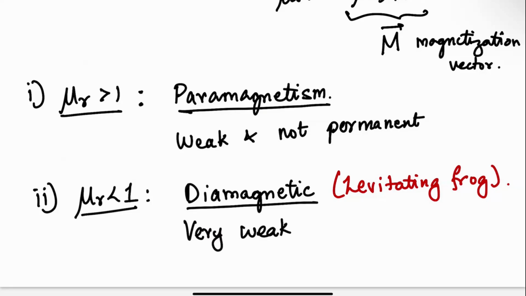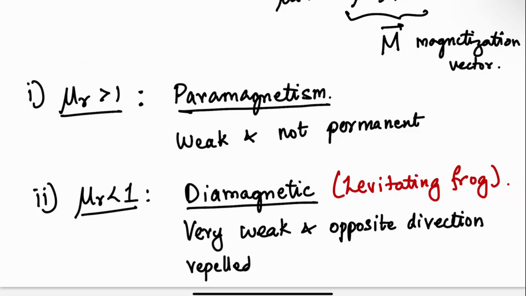And since the frog is basically water, this repulsive effect coming from diamagnetism could be used to levitate it. But you need very strong magnetic fields to do that. So material is typically repelled by permanent magnets.